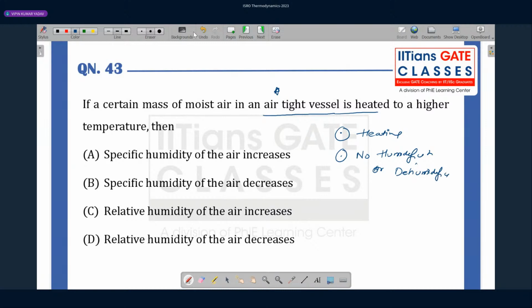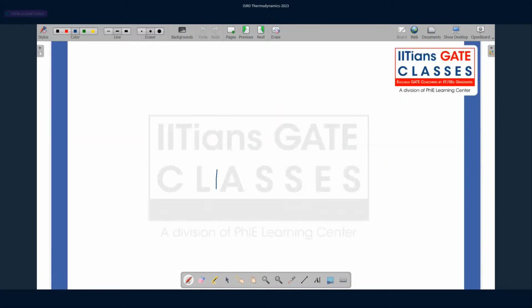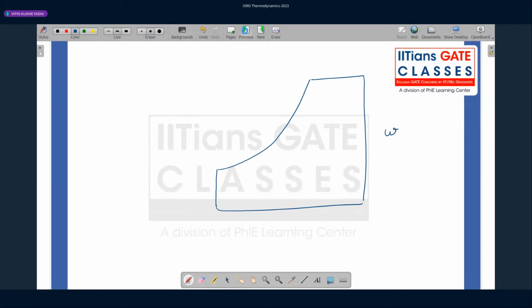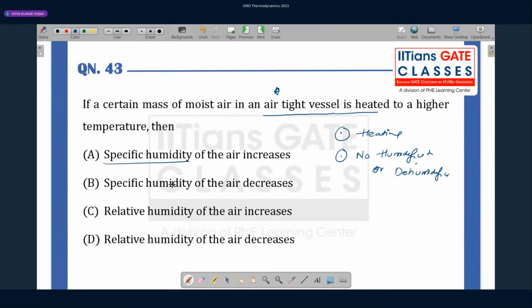Okay, so I hope you are all aware of this diagram which we talk about. So here it is absolute humidity, and here it is dry bulb temperature. First of all, they're talking about specific humidity or relative humidity. So let us see what is the effect on specific or relative humidity.